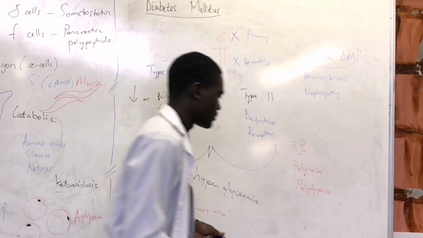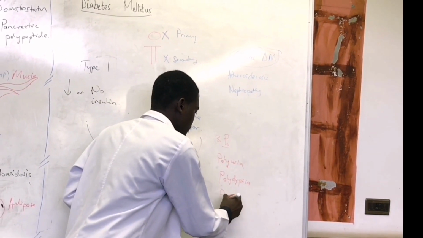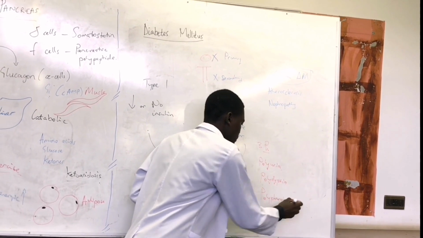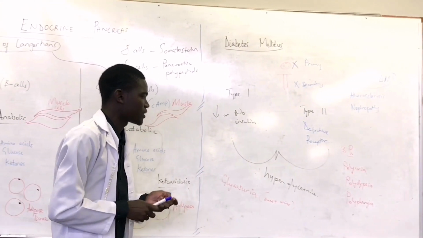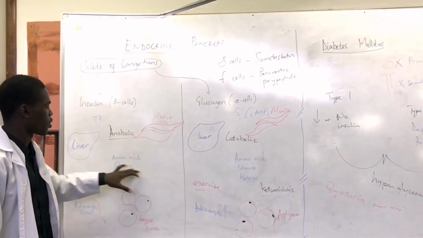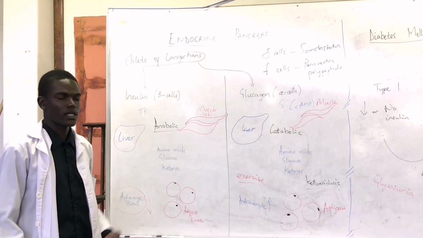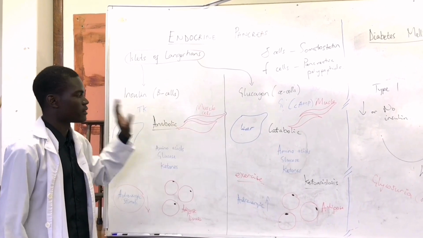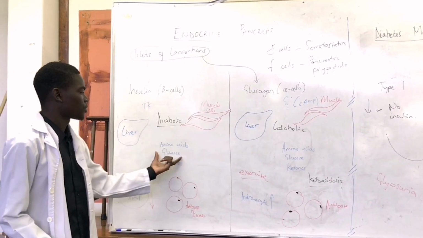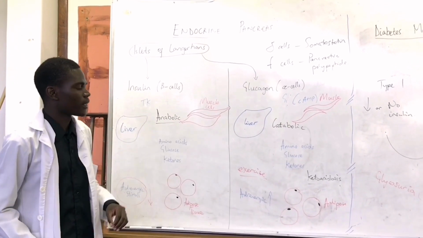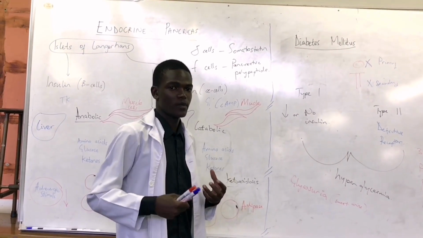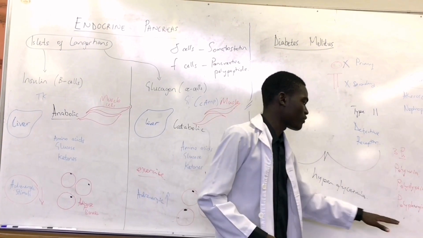And then the third one is polyphagia. Okay. So as for polyphagia, we are saying that this person can't absorb or uptake glucose into their body cells because insulin is defective or it's not working somehow. So which means that these people don't have much metabolites for respiration, which means that they are going to have polyphagia.